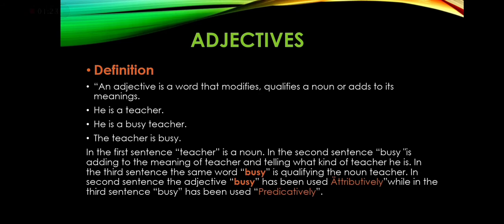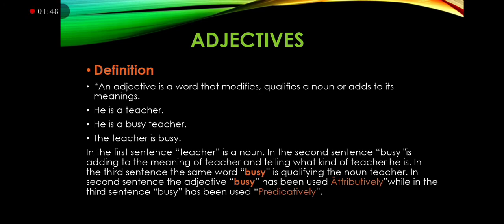In the second sentence, the adjective busy has been used attributively, while in the third sentence, busy has been used predicatively. In both of these sentences, busy is an adjective, but in the second sentence it's an attributive adjective, and in the third sentence it's a predicative adjective.